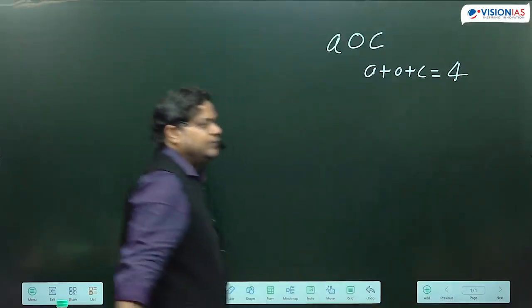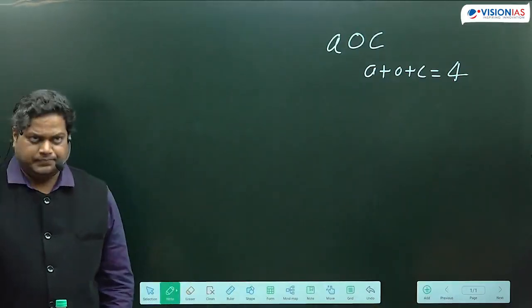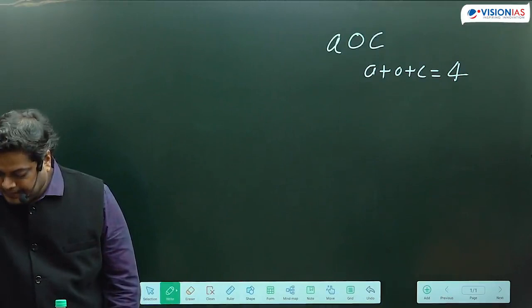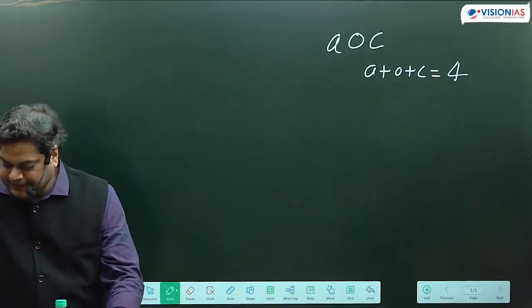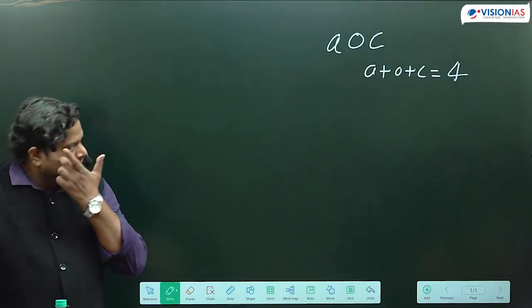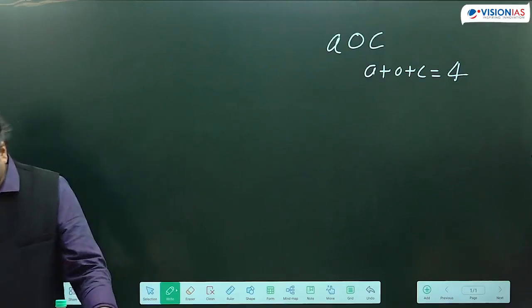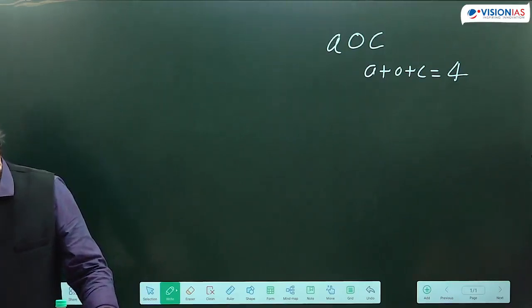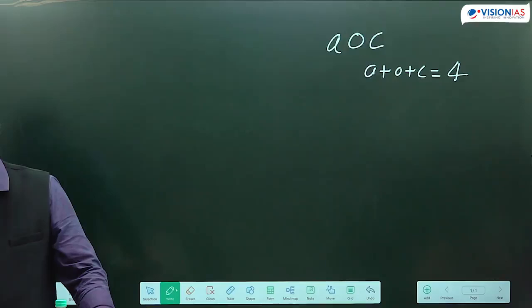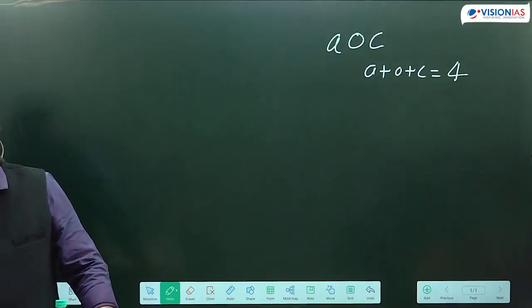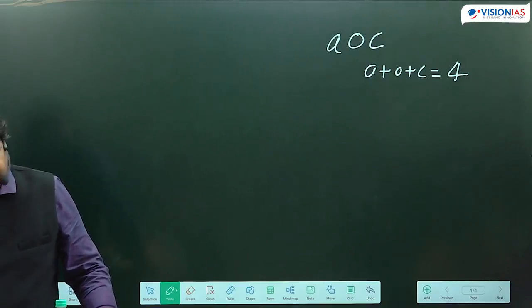If the number formed by interchanging the first and last digit is greater than the number itself by 198. फिर से I am repeating.